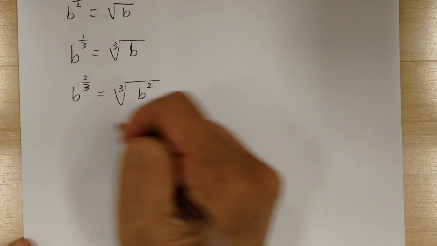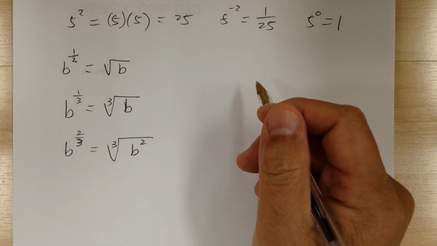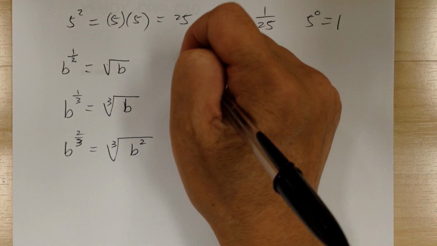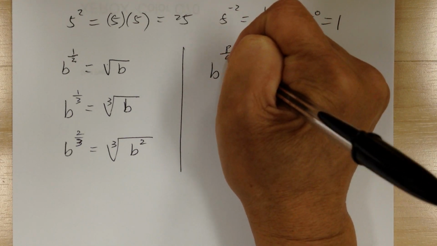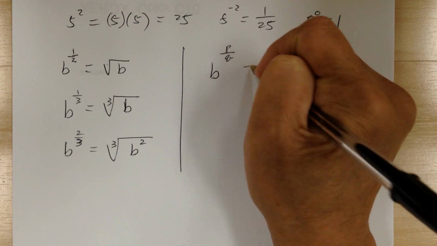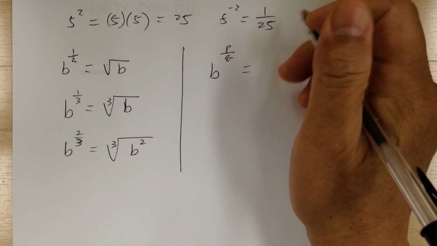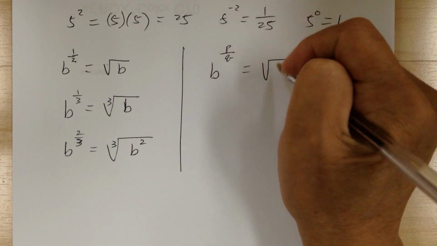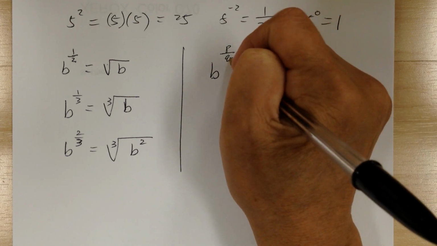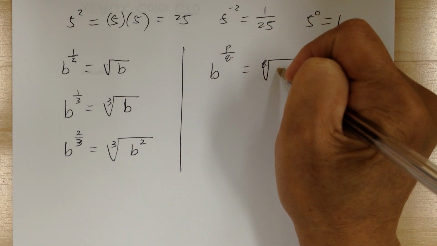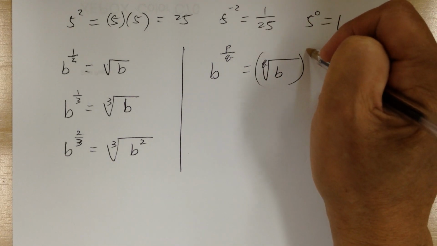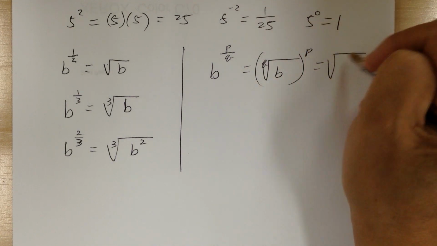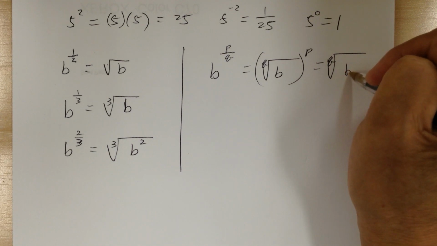So from this we can see the definition. If you look at the definition of b to the p over q, q is your index, so it goes in here, and p is your exponent, so this will be the q-th root of b to the p.